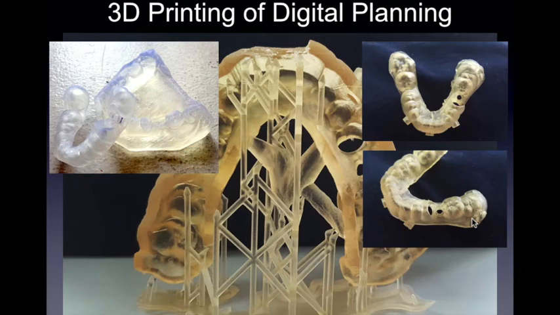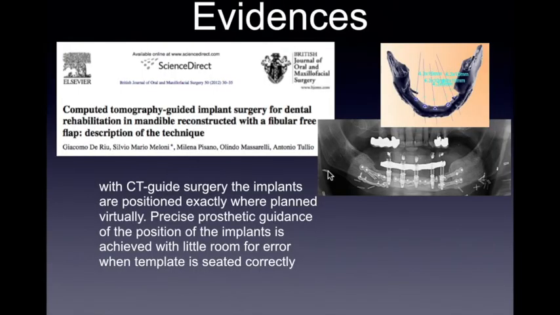So this is where technology is advancing to a point wherein it makes everything a little bit more predictable. But again, this still requires skill of your doctors. So a lot of these papers will be coming out wherein the precision of computer guided, CT guided placements leaves very little room for errors.